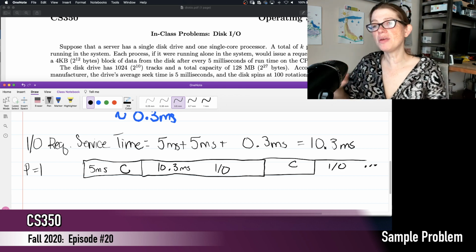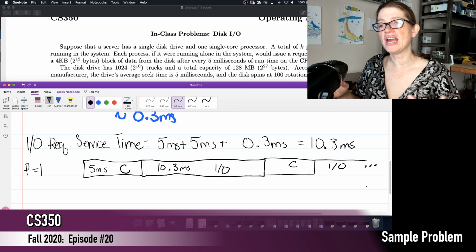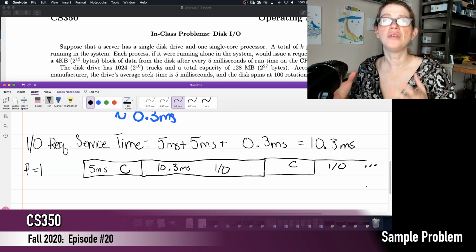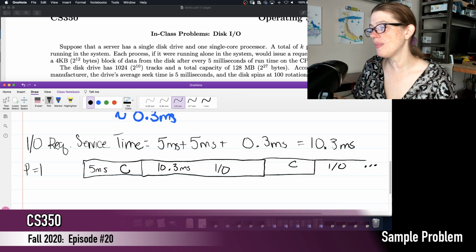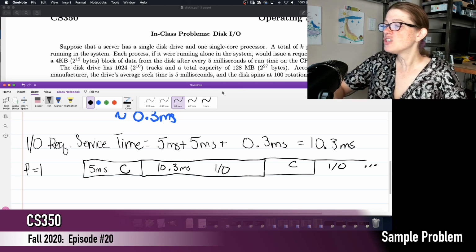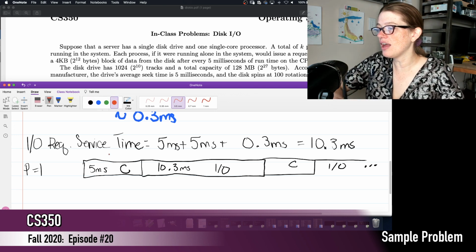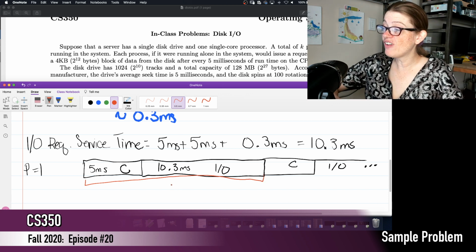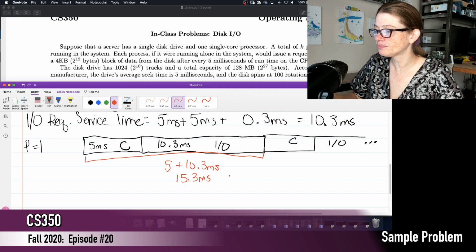Now, to figure out the CPU utilization, we need to find a repeating unit here. And if I look, I've got this compute IO cycle. So what is the length of this compute IO cycle? Well, it's 5 plus 10.3 milliseconds, or 15.3 milliseconds, not meters, obviously.